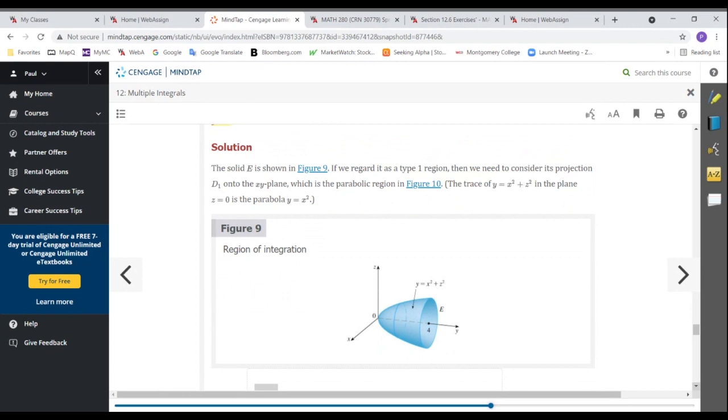Would this best be treated as a type 1 solid region? I'm sorry, is the solid region E a type 1 region, a type 2 region, or a type 3 region?